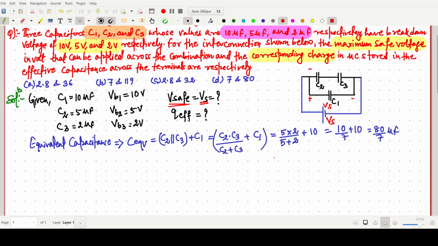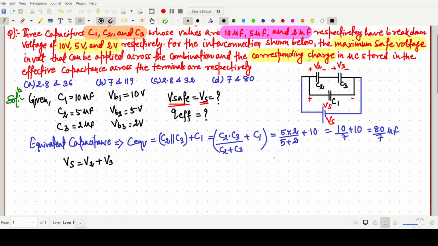For the time being, we say the voltage across C2 is V2 and across C3 is V3. So the Vs value will be V2 plus V3. If we find V2 and V3, we can say what is the maximum safe voltage.